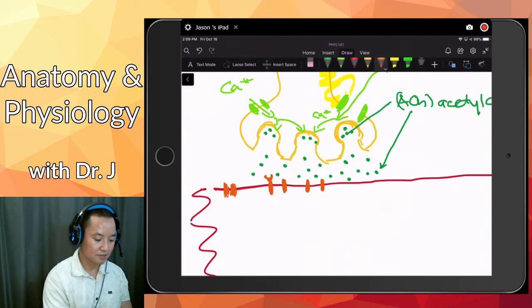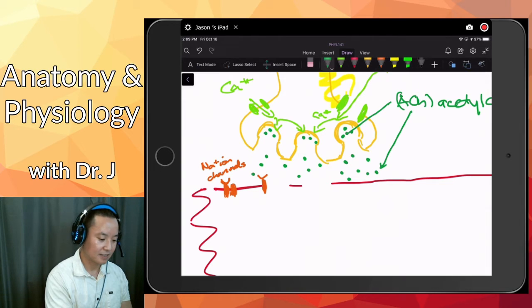So without acetylcholine, these sodium ion channels are closed, but if acetylcholine binds to one, it kind of opens up the channel.